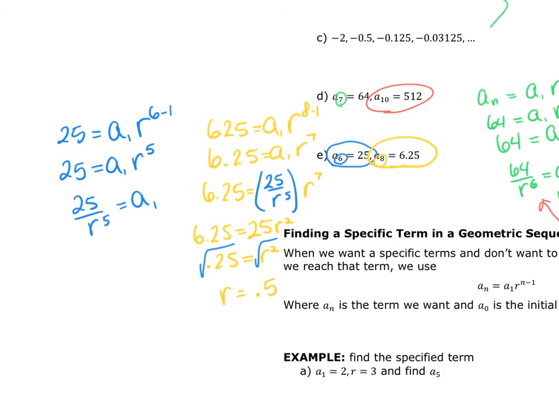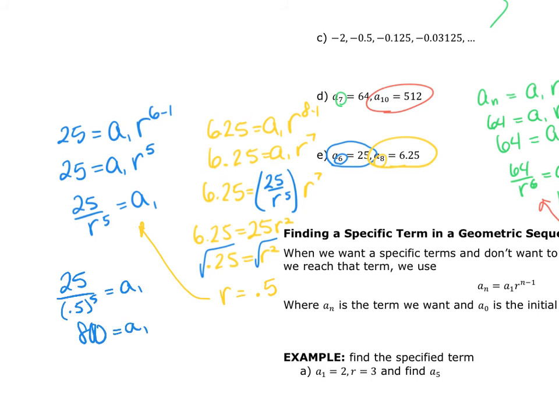I'm going to put that back into here and find my a sub 1, and then I'll have my explicit formula. So 25 over 0.5 raised to the 5th power is equal to a sub 1. Get my calculator out. 25 divided by 0.5 raised to the 5th power, and so my a sub 1 is 800.